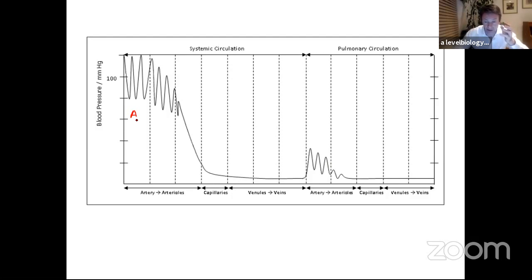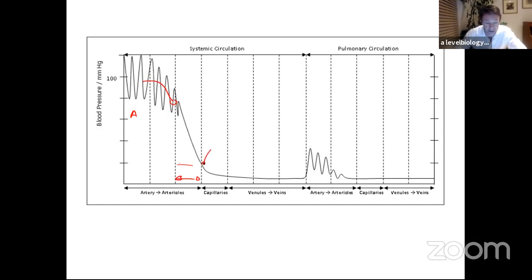So the total cross-sectional area of the tubes is increased, but the amount of edge which creates the friction is also increased. So this is what's starting to cause this fall in pressure. Then it goes into even smaller arterioles, which again means it experiences more friction, and a larger total cross-sectional area, therefore the pressure falls more.